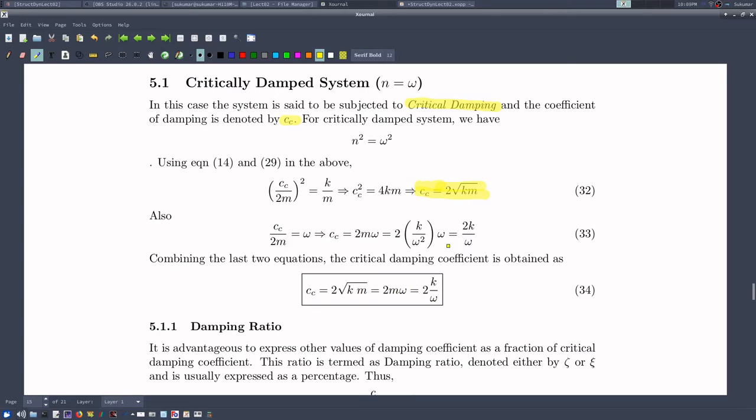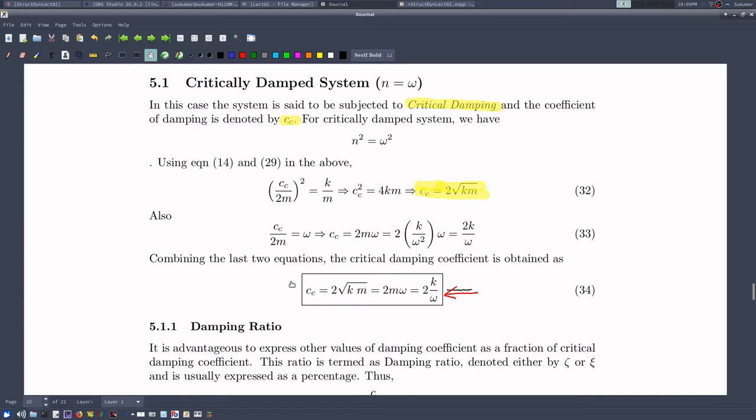So this is another important equation we get here. These equations will be useful later on to solve numerical problems, as we will see later on.